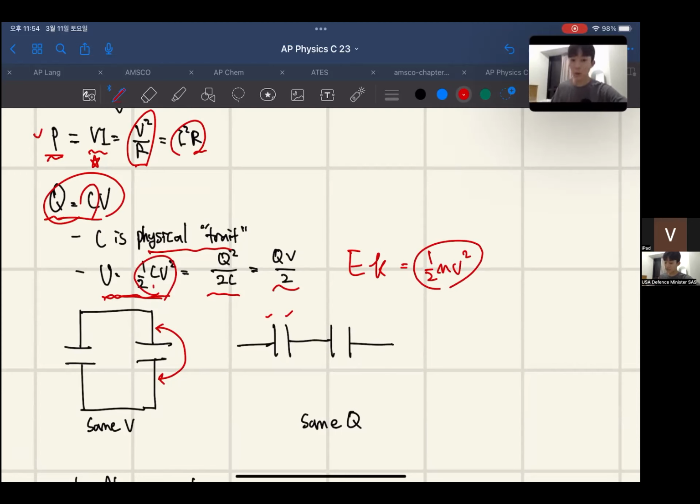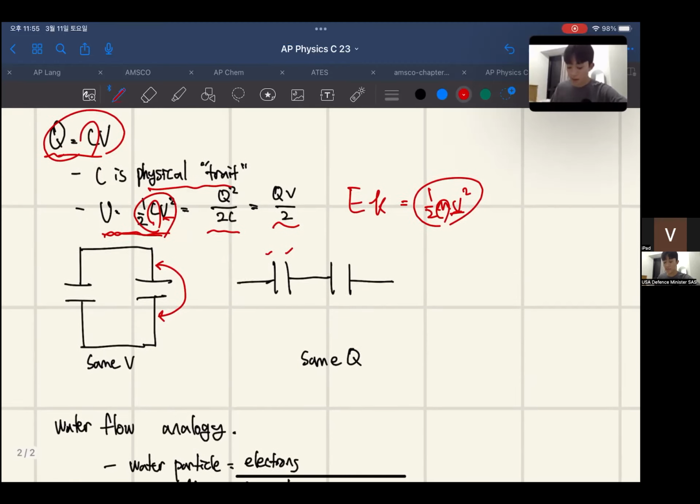The only difference is that m in the kinetic energy formula is changed to C for the energy stored in a capacitor. And V, interestingly enough, is written with the same letter, although they mean different things. The V for kinetic energy means the velocity of the object, while the V in the capacitor means the voltage across the capacitor.